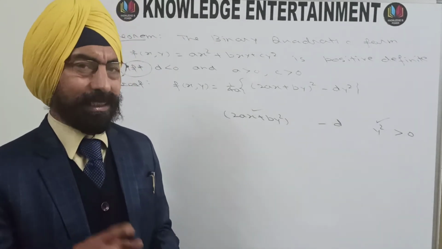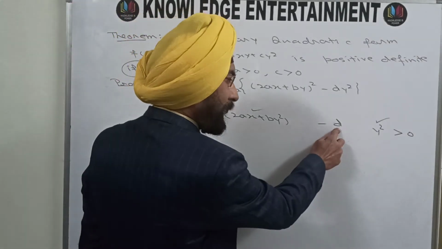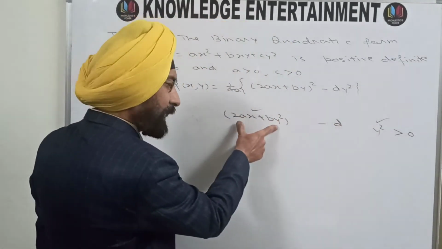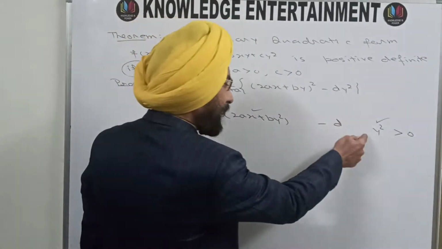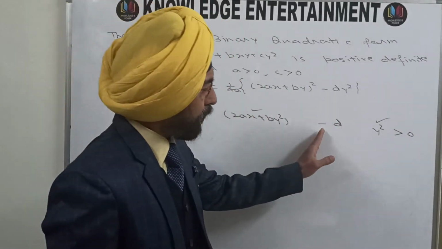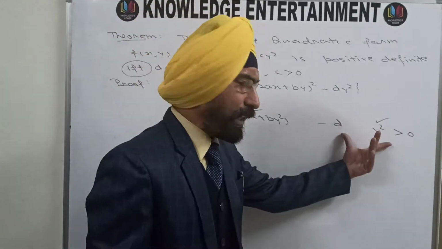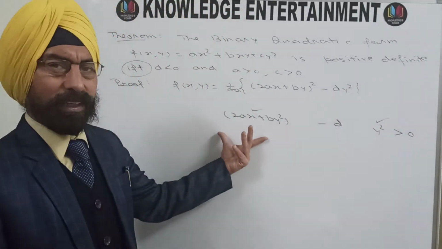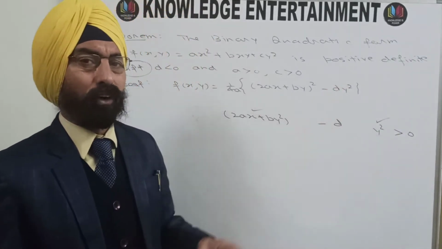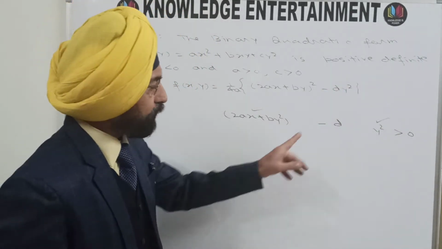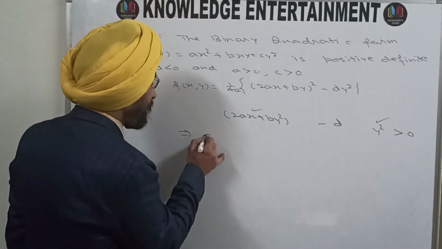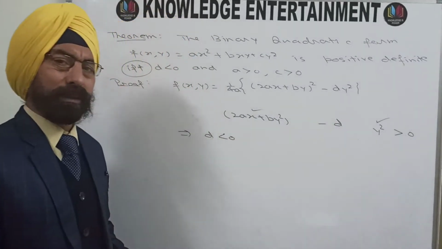Listen carefully once again. If your d is positive, that means dy square is positive, this is also positive. Now you are getting a difference of two positive terms. If the second positive term is greater than the first one, the result will become negative, which is not possible because the form is given to be positive definite. That means this d cannot be positive. This d must be negative.